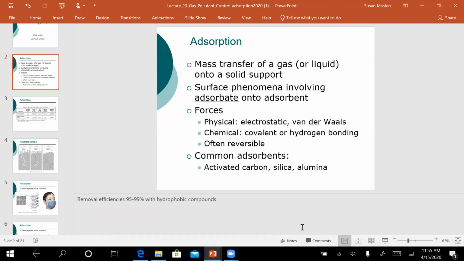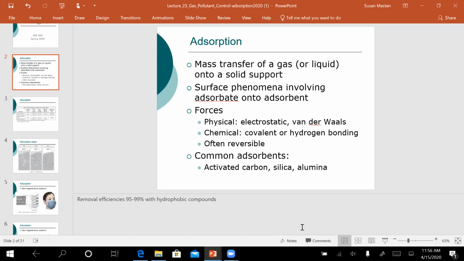The difference is with absorption, you can think of that as a three-dimensional process. And there you're looking at either dissolving a gas from the air into water or removing a gas that's in solution from the water to a gas phase.